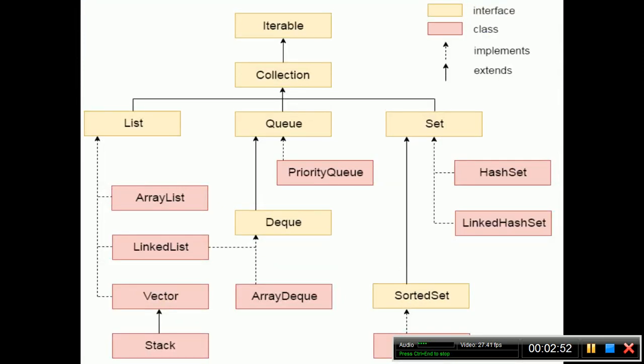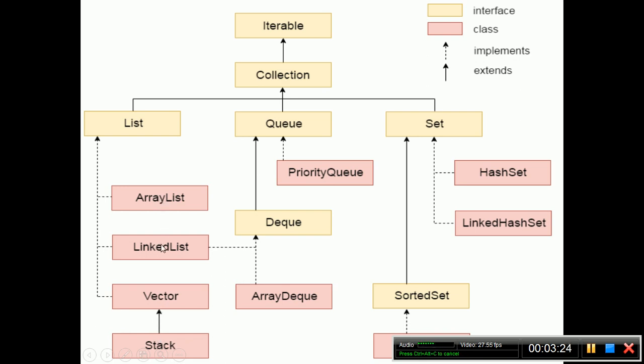See here, the pink color is the class, the light orange is interface, dotted arrows are implements and the dark arrows are extends. At the top we have Iterable, then we have Collection, both are interfaces, and then we have three interfaces: list, queue and set. The list has three classes basically: array list, linked list and vector, and the stack is again a class that extends the vector.